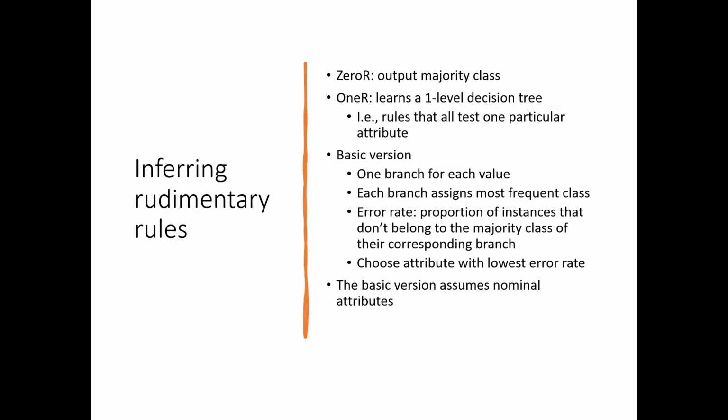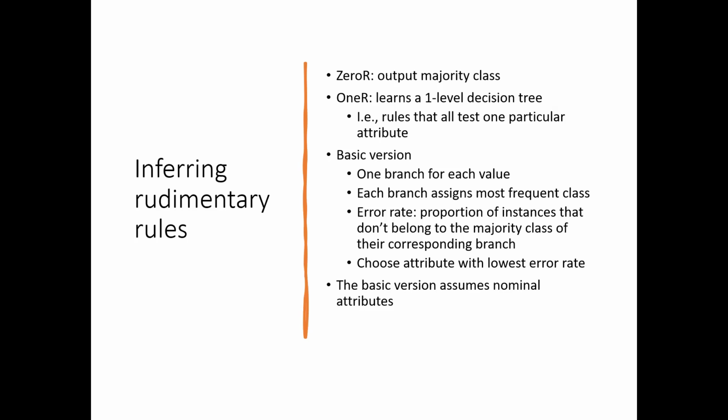Okay, so let's move to the second algorithm, which we call 1R. 1R is usually called a single-level decision tree. You can think that one depth is enough. So how does it work? You go through each and every attribute, one at a time.